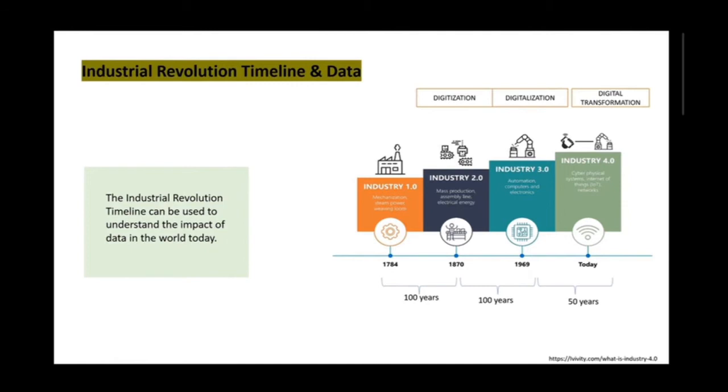The question is, why? So why do we have a shorter transition period to move from the third industrial revolution to the fourth industrial revolution? The answer is data.